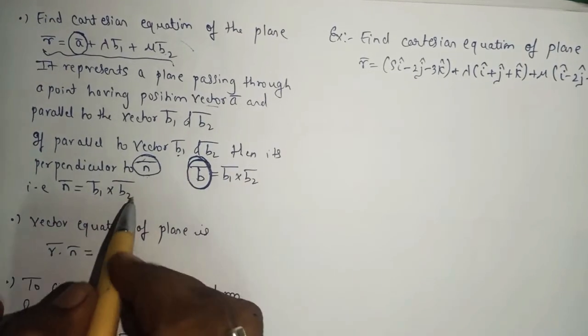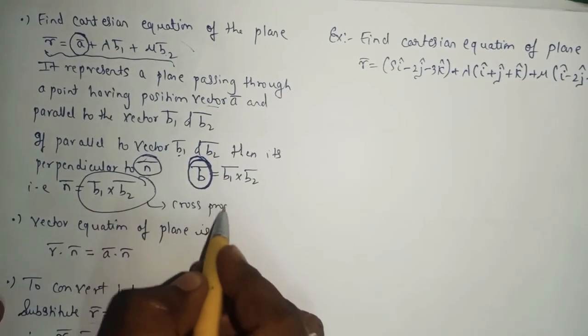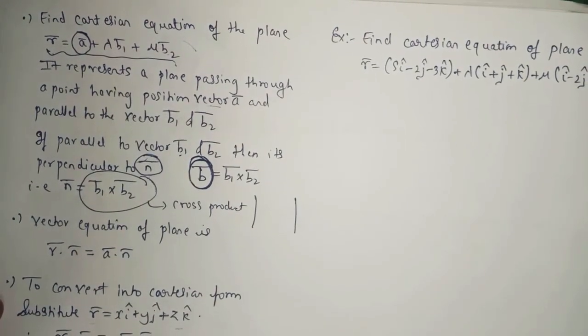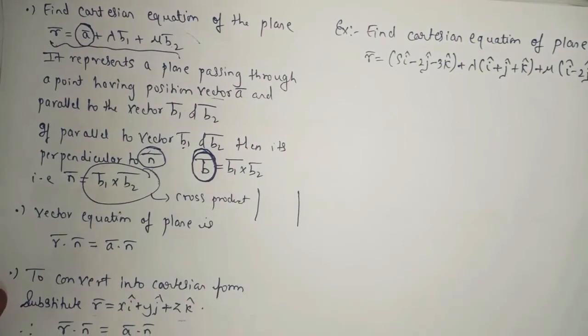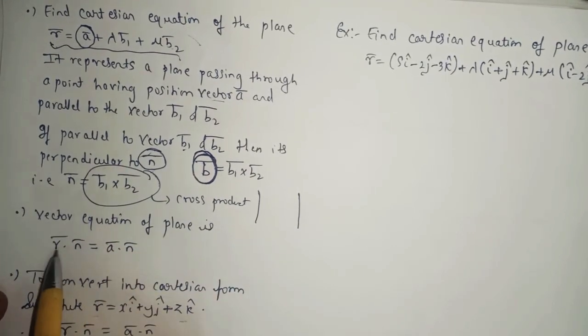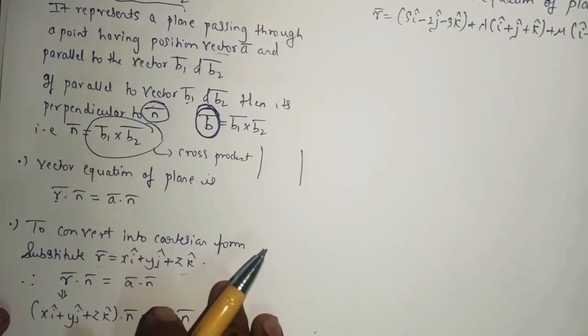We know how to find the cross product using the determinant concept. After that, we know the vector equation of the plane is r dot n bar equals a dot n bar.